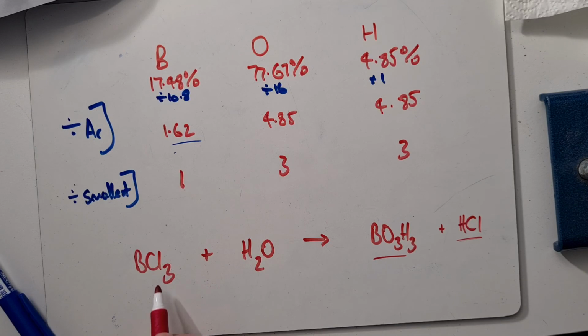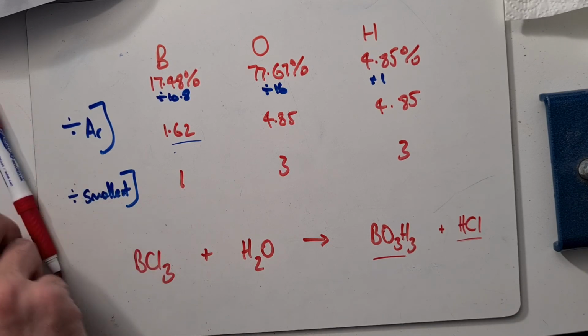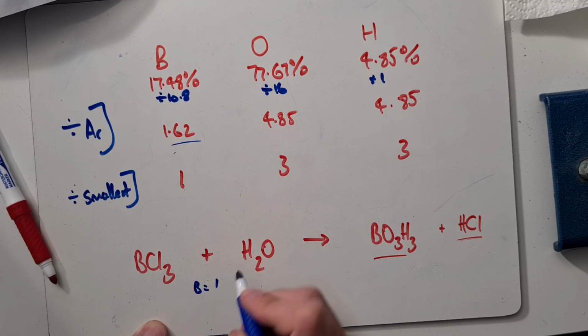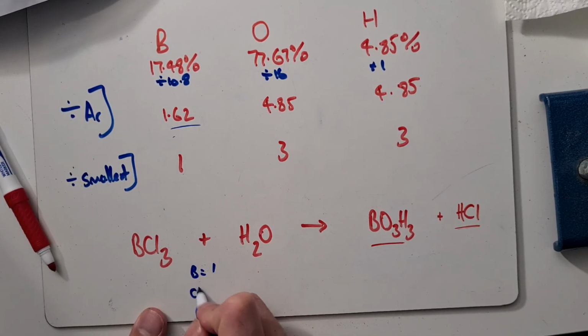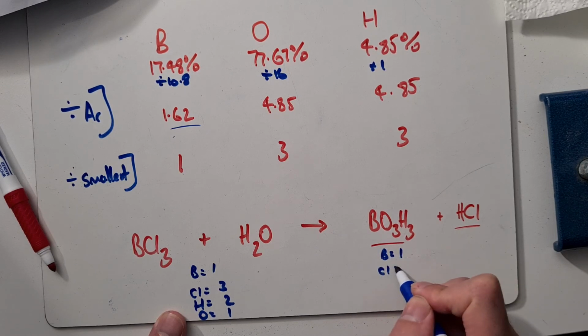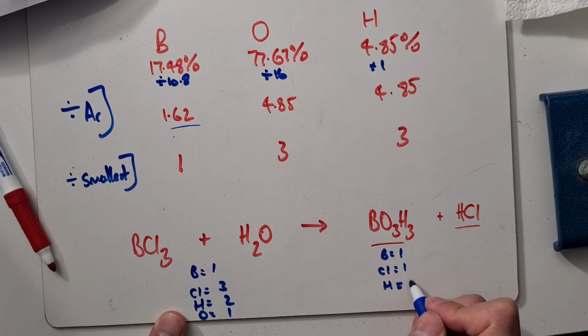So if I do left-hand side, right-hand side, I've got boron 1, chlorine 3, hydrogen 2, and oxygen 1. And on this side, I've got boron 1, chlorine 1, hydrogen 4, and oxygen 3.